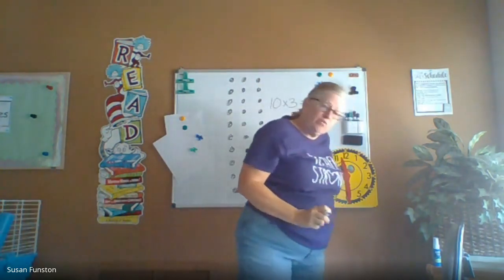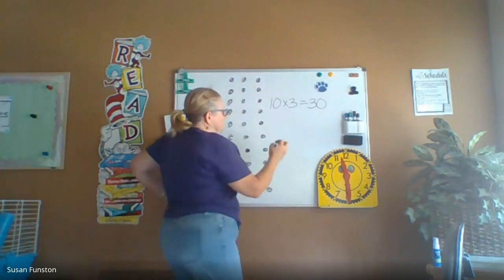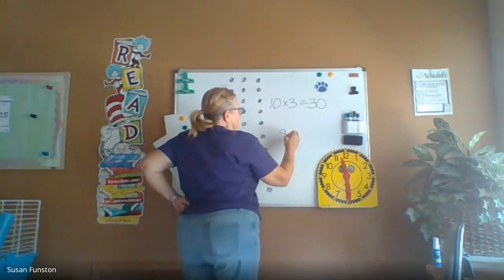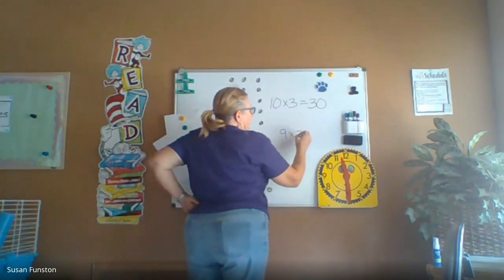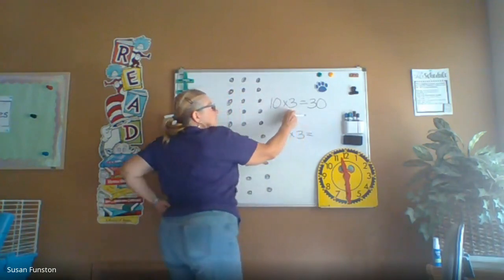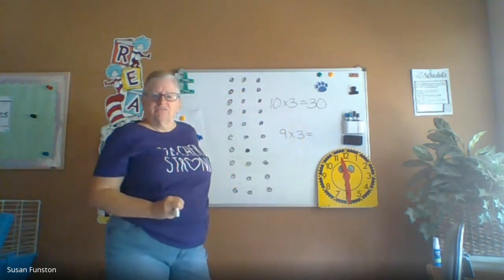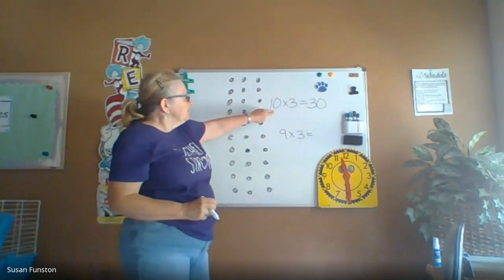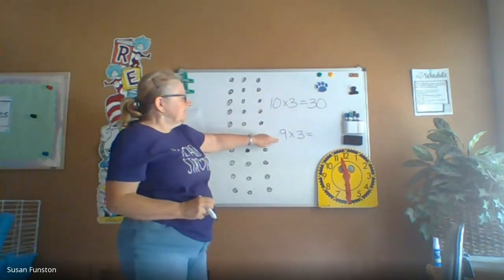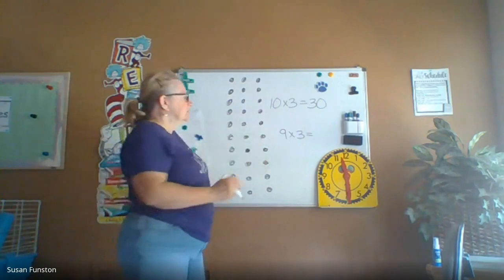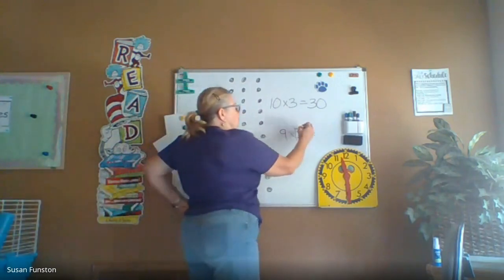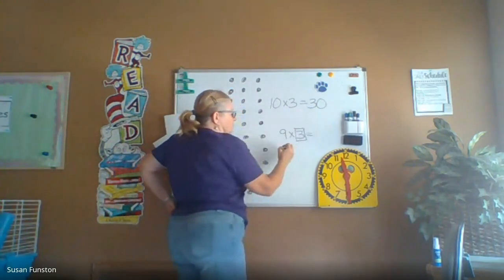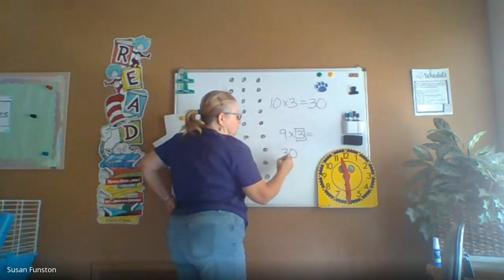But what if I wanted to know 9 times 3? And I use what I know here for an easy way to find out 9 times 3. If I have 10 here and I have 9 here, I have one less. One less group of 3. So I can take my 30, I can subtract a group of 3.